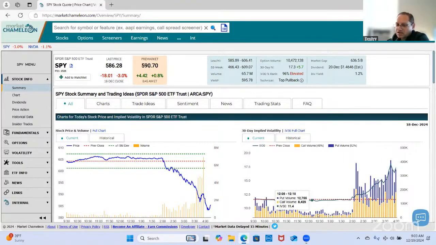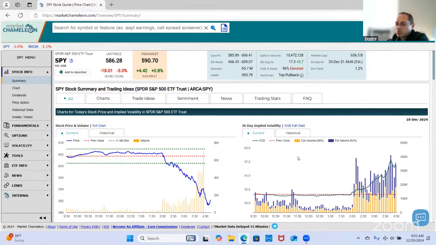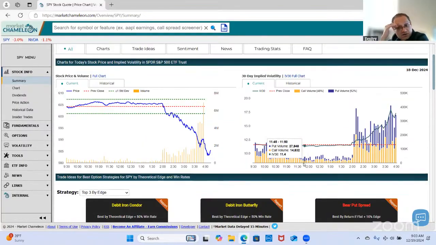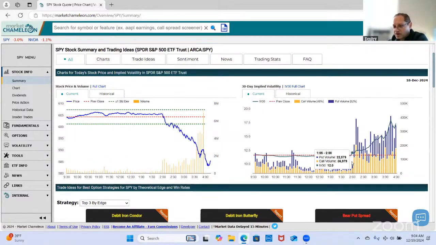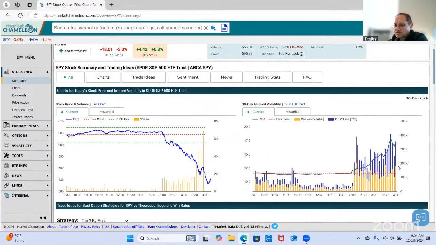To the right hand side, this shows us the implied volatility in this solid line, and then these stacked bars, the yellows are the call volume, the blues are the put volume, and these bars are showing 5-minute volume bars throughout the day. We could see here that the volume significantly increased right after the Fed announcement. That correlated also with a big spike in implied volatility.